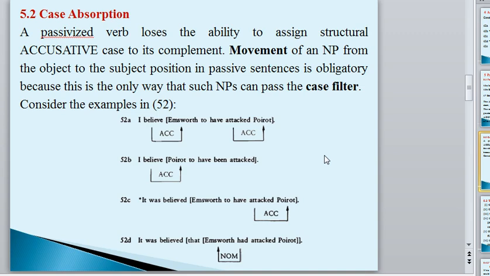So what should we do? The movement of an NP from the object to the subject position in passive sentences is obligatory. Why? Because this is the only way such NPs can pass the case filter.